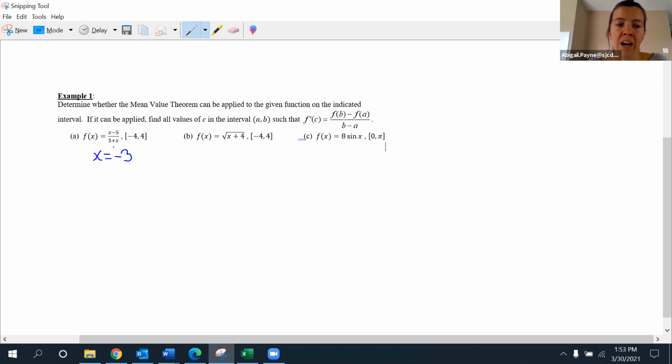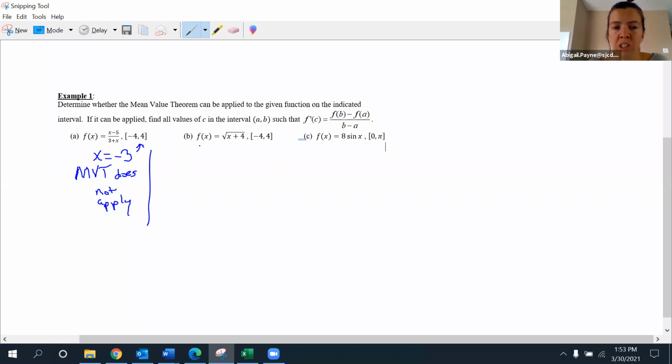And this function is not continuous when x equals -3. And the other thing to notice is that -3 is included in that interval from -4 to 4. So the function is not continuous over that interval, meaning the mean value theorem does not apply. And so that's all we would really need to say then. There's no sense in going further with that example.